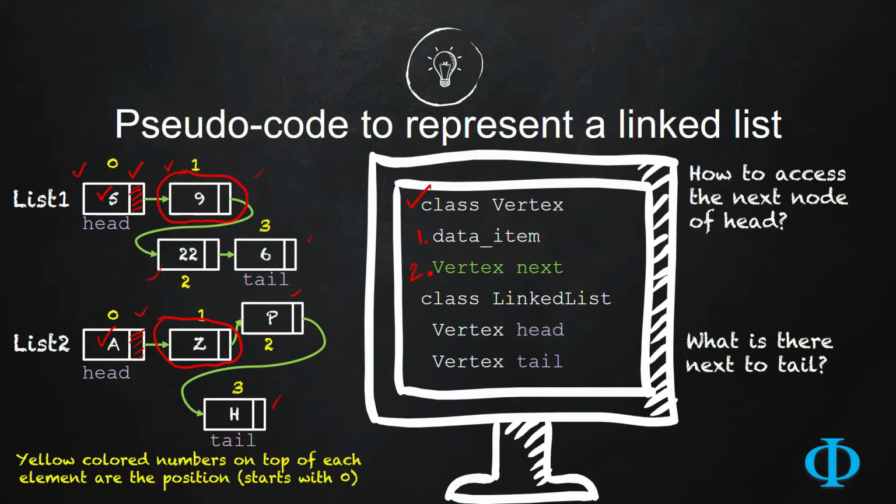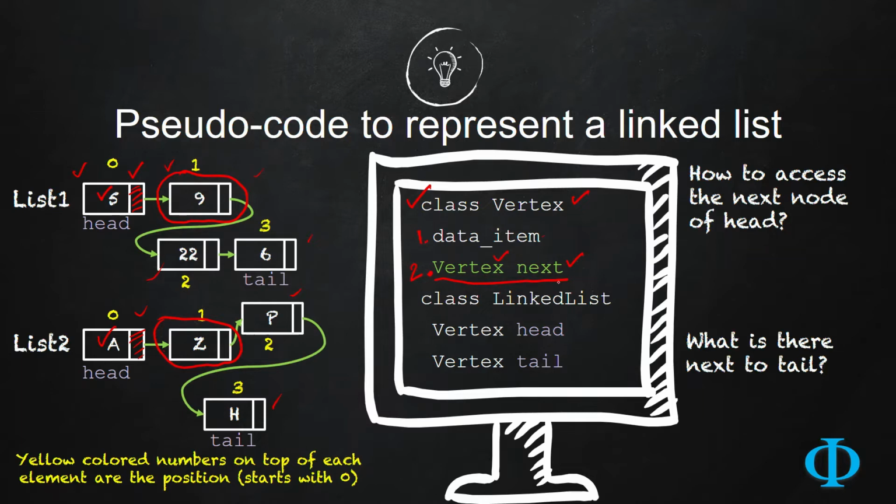Now, when it comes to representing it programmatically, we have to make use of a self-referential object. Means an object normally called next of the same type of the class.